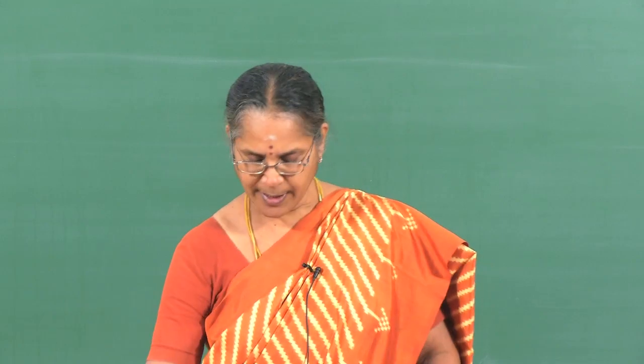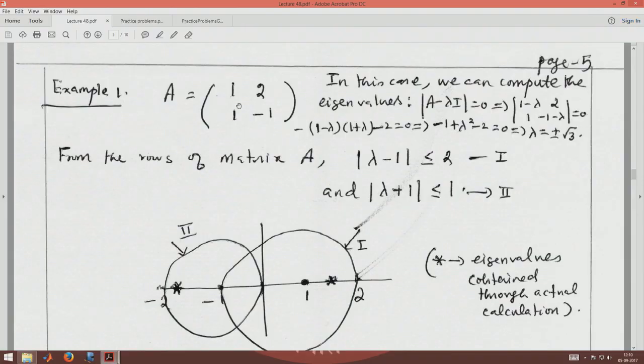Here the matrix A has entries 1, 2, 1, minus 1, and we can actually compute the eigenvalues in this case. The eigenvalues are given by determinant of A minus lambda I equal to 0. If you compute the determinant and solve the corresponding characteristic polynomial for lambda, then you get lambda to be plus or minus root 3.